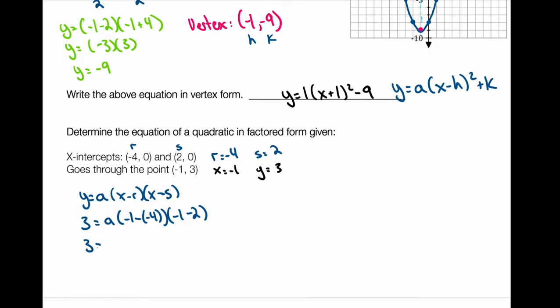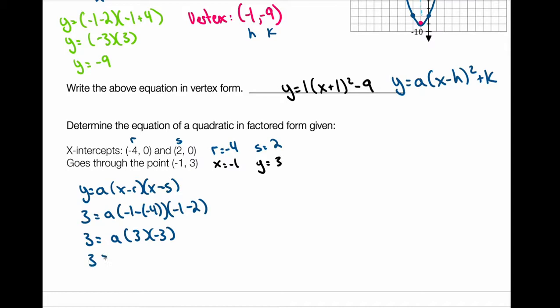When we simplify this, 3 equals a times -1 plus 4 is 3, times -3. So we have 3 equals a times -9. To get rid of the -9, I'm going to divide both sides by -9. One side will cancel out, and I'm left with 3 over -9 equals a, or I can reduce this to -1 over 3 equals a.